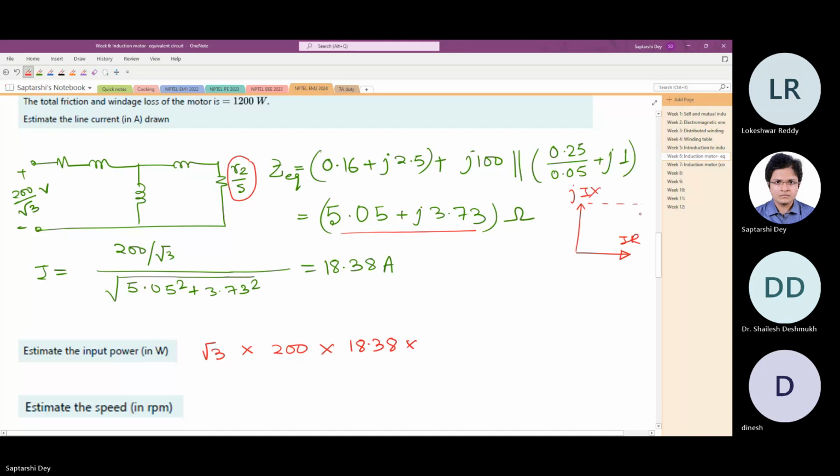This is jIX, the total current, the voltage, the current, this angle theta.